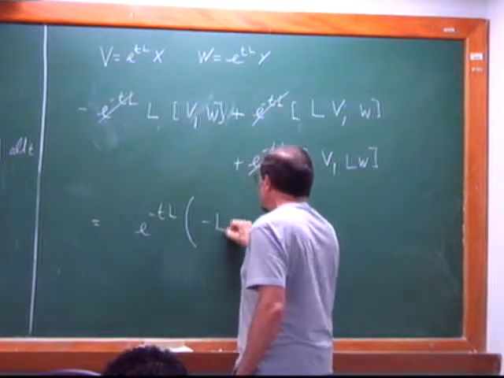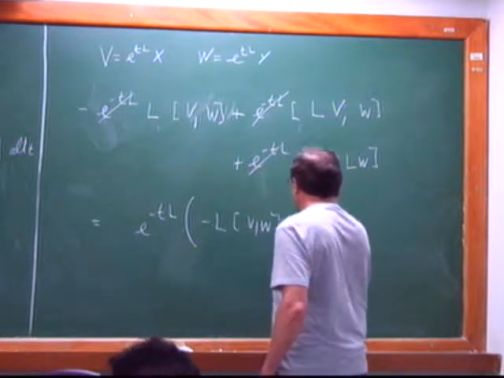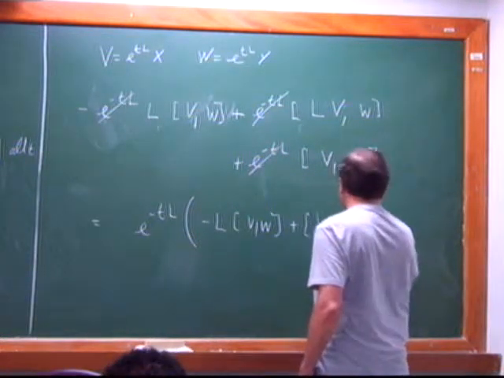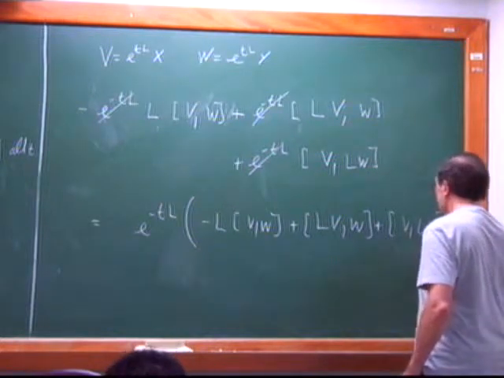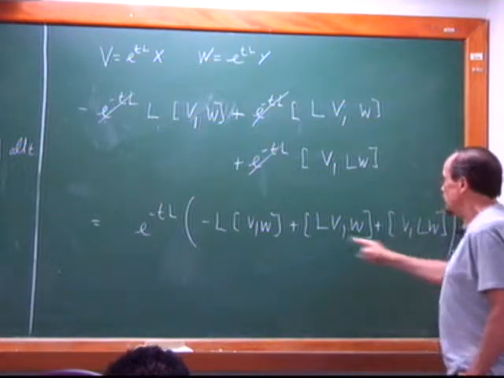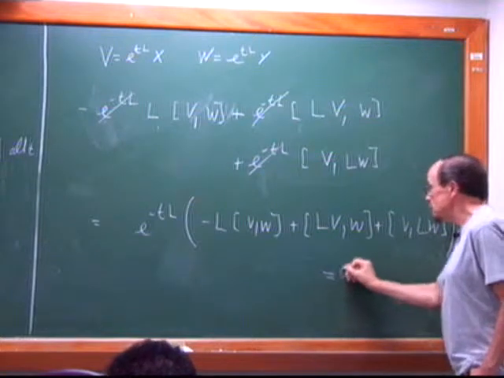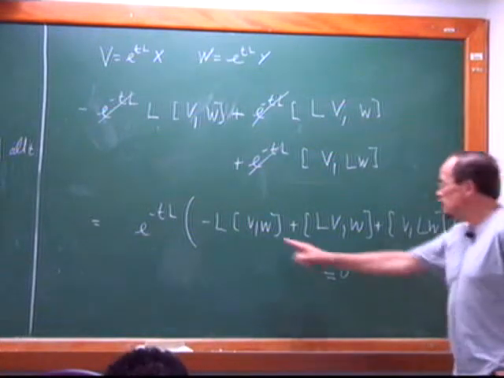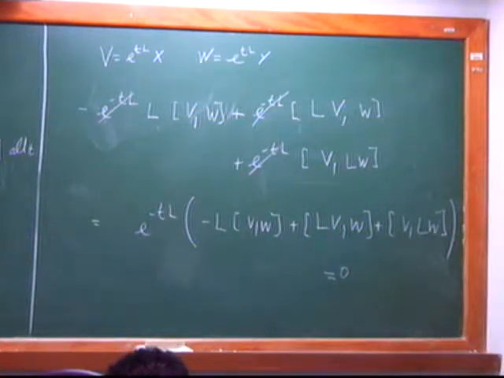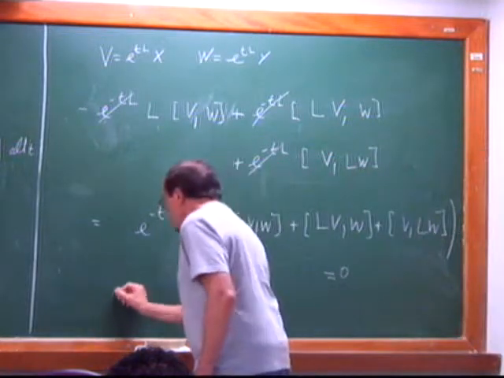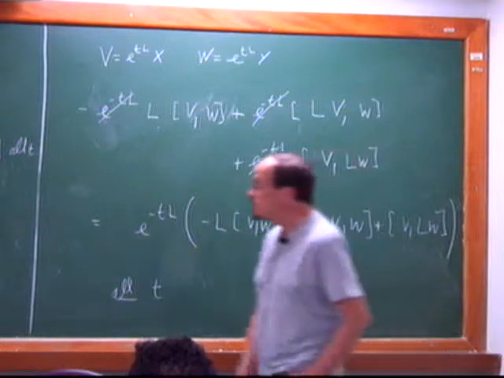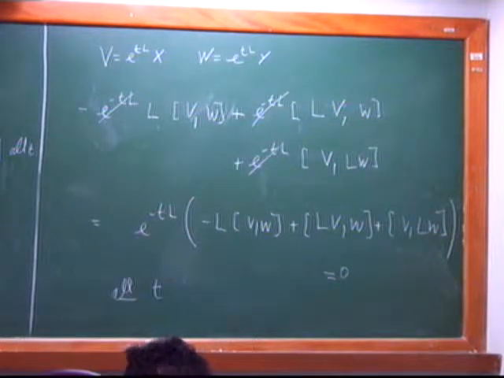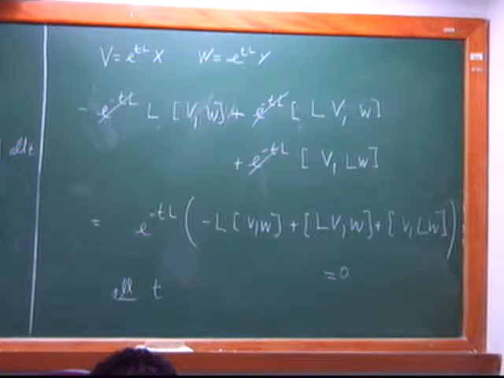Times minus L V W plus L V W plus V L W. And the derivation equation says that this is 0. Okay. So L times this is this plus this. This is true for all t, of course. I took the derivative at any point t. So derivative 0, it's a constant curve. It starts with this one, so that's it. And this is the automorphism equation. So that's kind of this usual thing.